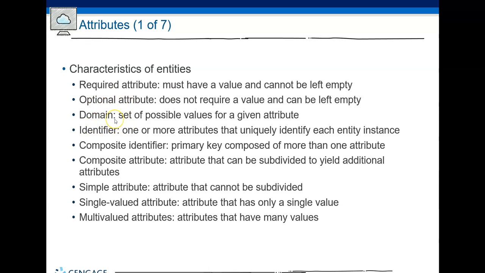Domains, just all the values you can have for the attribute. So for a date of birth attribute, you would have to have a date, probably a month, a day, and a year. And you might have a further restriction on that.